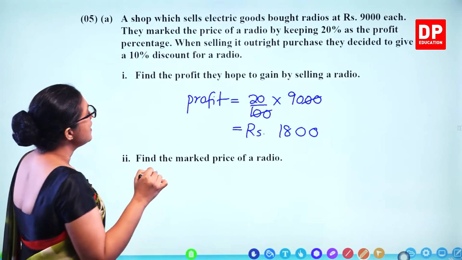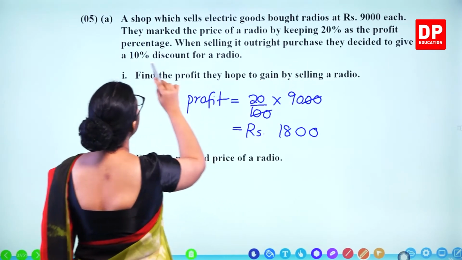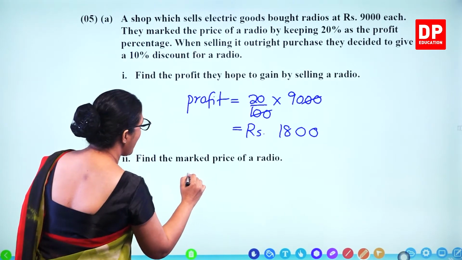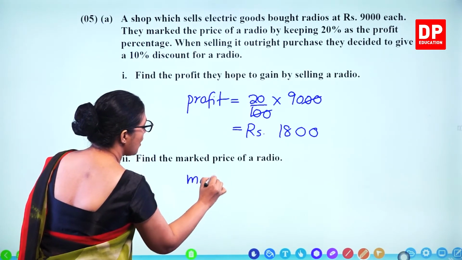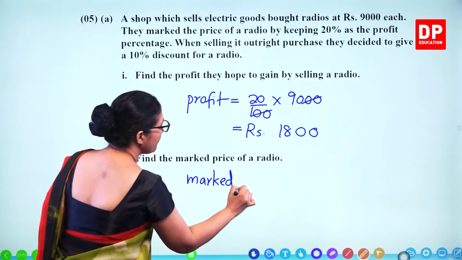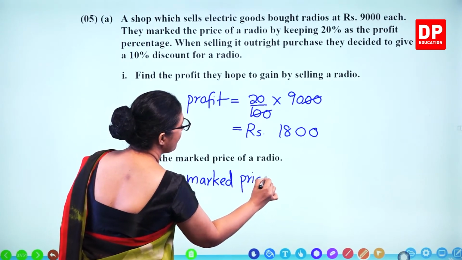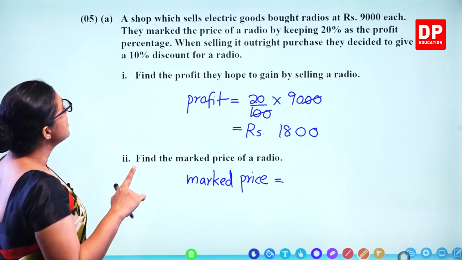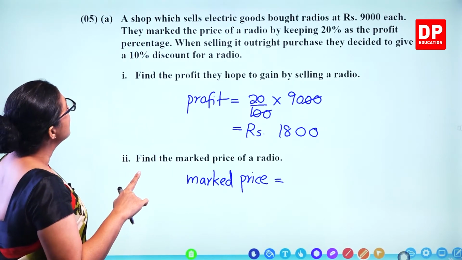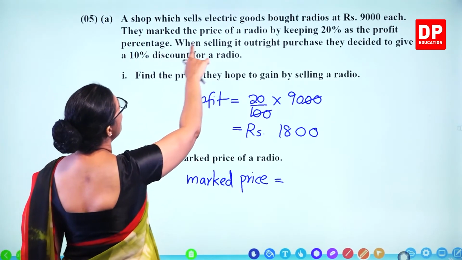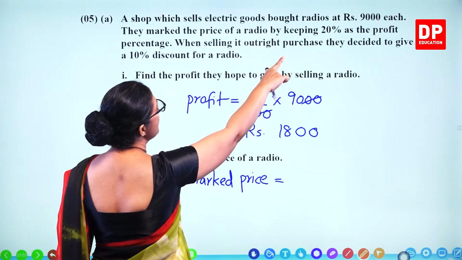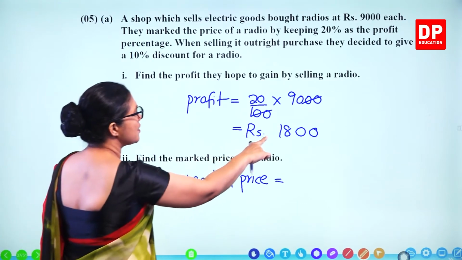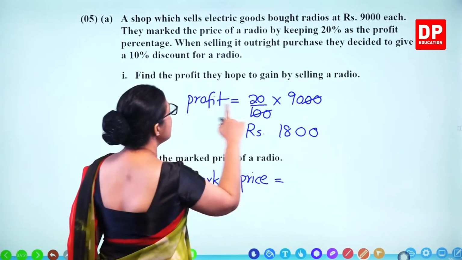Then they decided to give 10% discount. So the mark price is with the discount. So the price is how much? Now with the profit 20%, what's the price now? You have to check. This is just the profit.